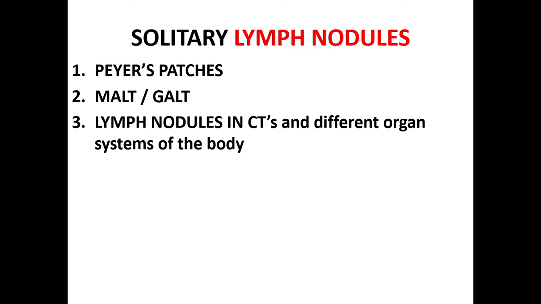Then we have isolated lymph nodules we call solitary lymph nodules. We have Peyer's patches in the small intestine. We have the mucosa-associated lymphoid tissue in the mouth, and the gut-associated lymphoid tissue in the digestive system, and we have individual lymph nodules in connective tissues and different organ systems of the body.